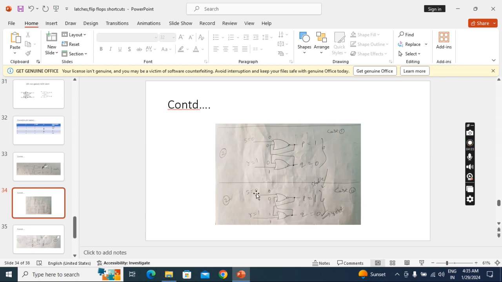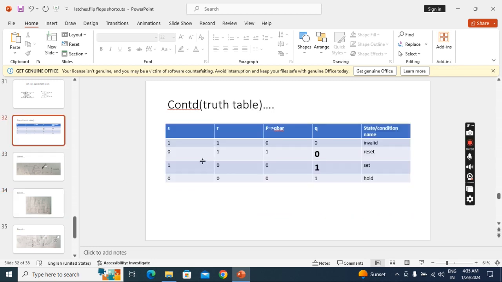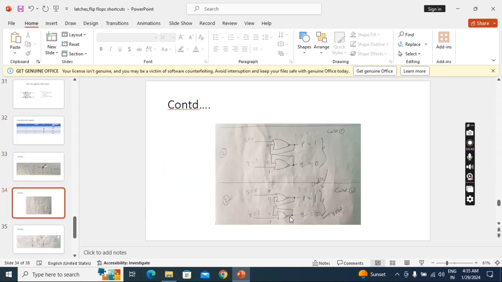See here what is coming? When S equal to 0, Q equal to 0. This is called reset, because this is my Q, 0 is stored. And here you have to observe: in the SR NOR latch, the output will be same as S, but in the NAND latch, the output will be same as R when the inputs are different.